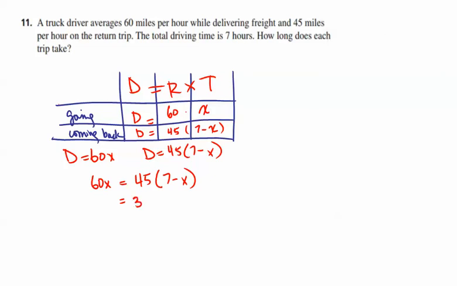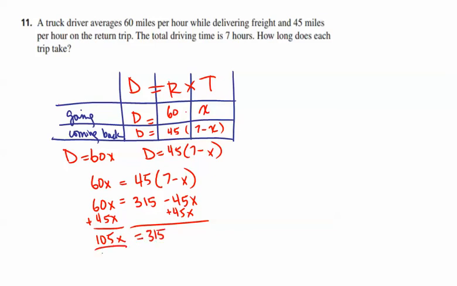So we would have 315 minus 45x is equal to 60x. Remembering to add the 45x, not subtract, gives us 105x equals 315. Dividing by 105, we get that x is equal to 3.